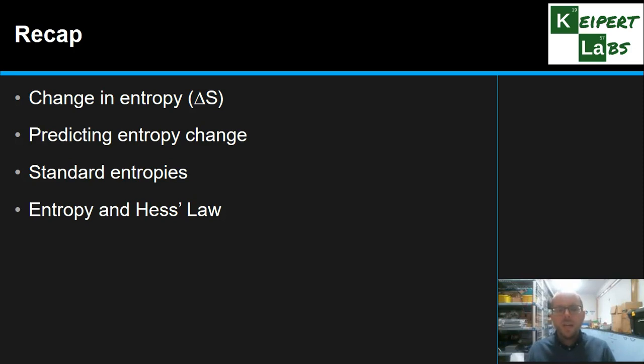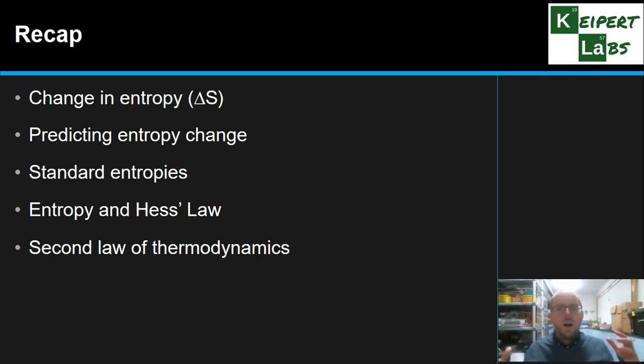Because entropy is a state function like enthalpy, that doesn't depend on the pathway, we can use Hess's law to determine entropy changes for anything that we come across, as long as we have the data for the pieces. And we saw how the second law of thermodynamics, this big picture idea to do with entropy, helps us to explain and account for why some processes are spontaneous and others aren't.